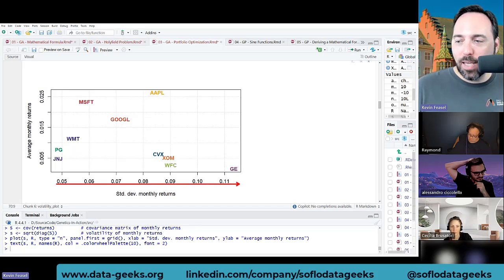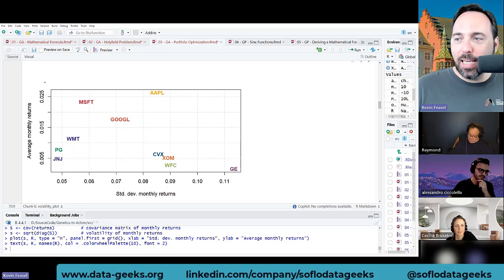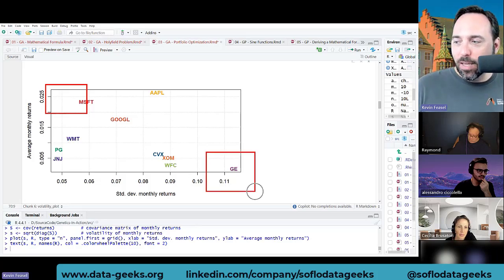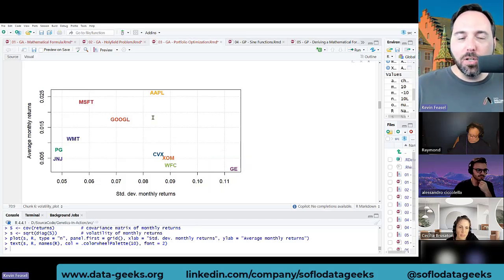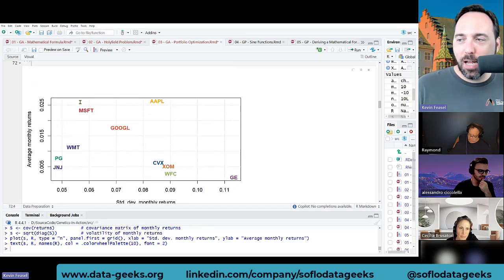But this is the variance. Higher variance is worse. Ideally, I want to be in this corner right here where I've got good returns, low variance. I don't want to be in GE, which has basically been true for a while, because they've got high variance, low returns. So just looking at this intuitively, I could say, okay, I'm probably going to stack up on Microsoft.